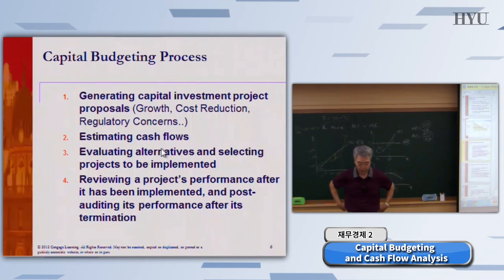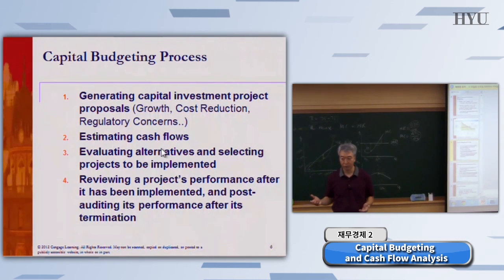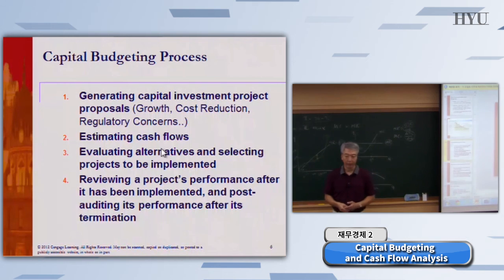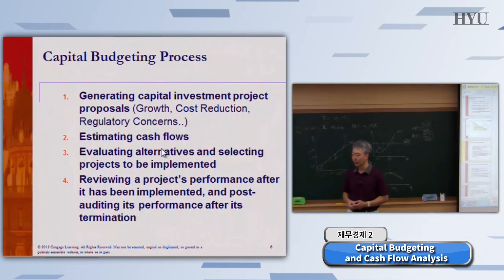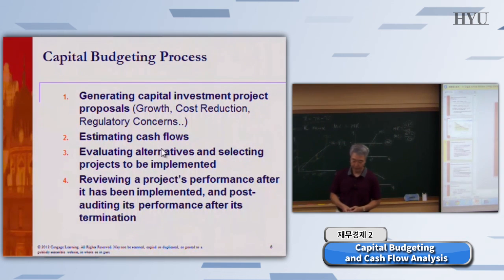Or because of regulatory concerns, suddenly the government says you have to do something, like reduce your carbon dioxide emission, so you have to install some equipment on your plant to protect the environment? Well, then that suddenly requires money, or capital investment.